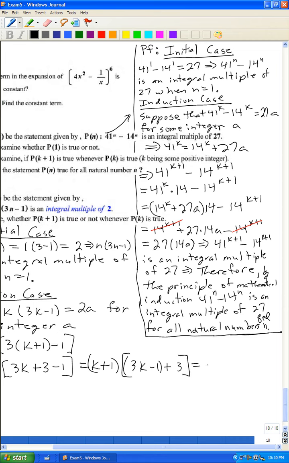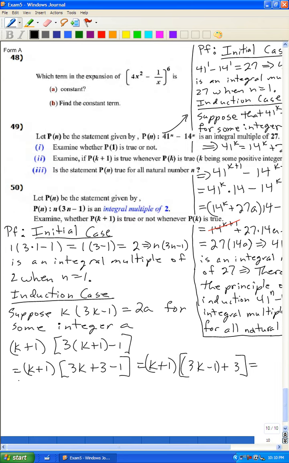This will be k times 3k minus 1 plus 3k plus 3k minus 1 plus 3.